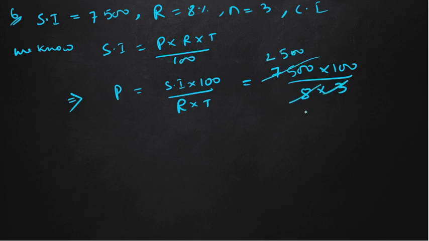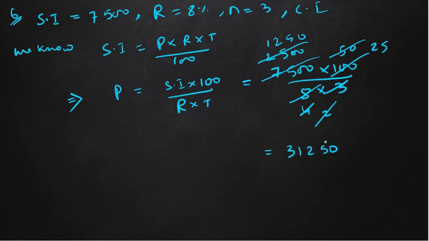Then 2 4s are 8, 2 5s are 10, 0. Then we have 2 4s are 8 and 2 2s are 4. So if we multiply 1250 into 25, 1250 into 25, this will be our 31250.